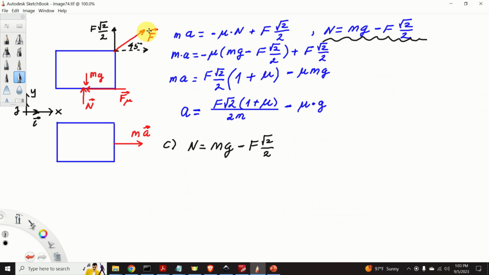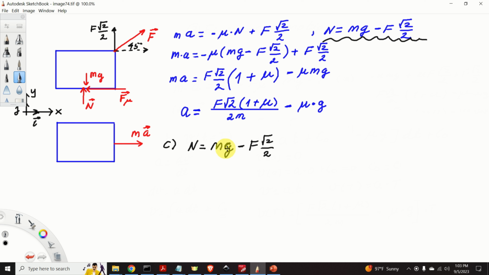Let's say that we can vary F. That is, we can increase F. If we start from 0, nothing will happen. If we keep on increasing F, at a certain point, this box will start going upwards. So what is the critical value of F for which this box will start to go in the vertical direction? Let's see. What is the condition?